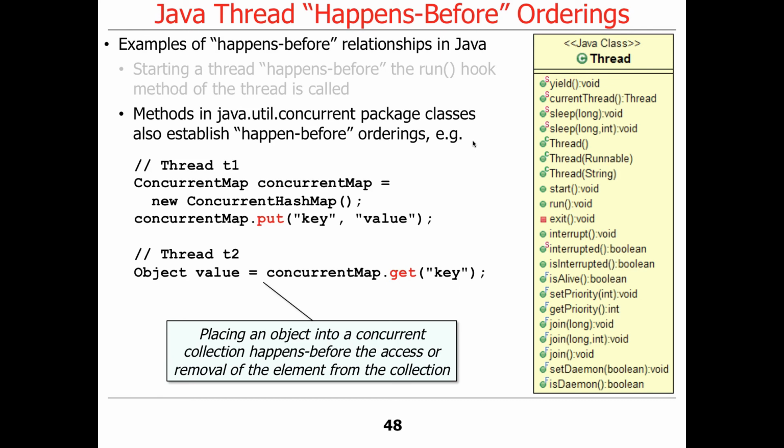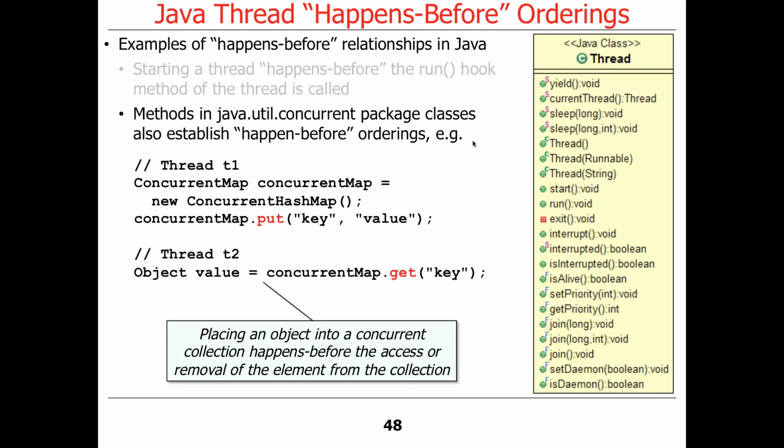In other words, the put has to happen before, and has to have completed before, you can go ahead and get the result. If the happens-before relationship didn't occur, then you could have the key in the map, but the value wouldn't be there yet. And then when you went to look up the key, you'd get back some sort of random garbage, which would be bad, right? So that's another example.